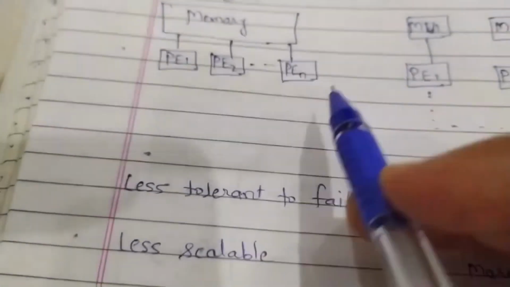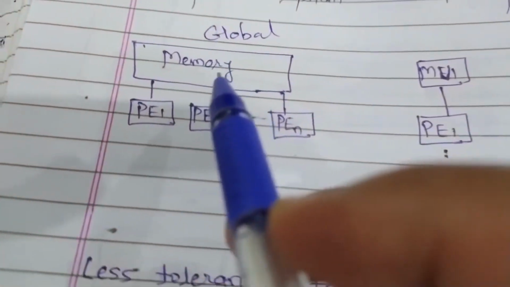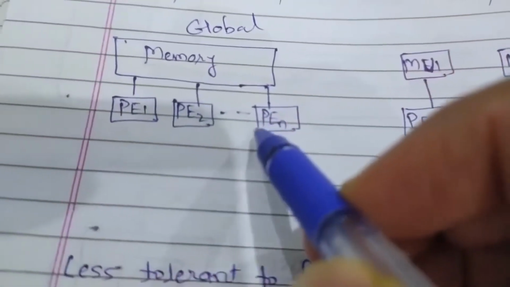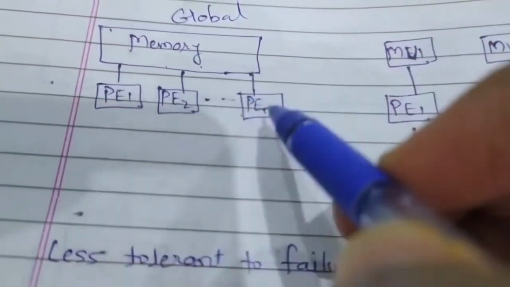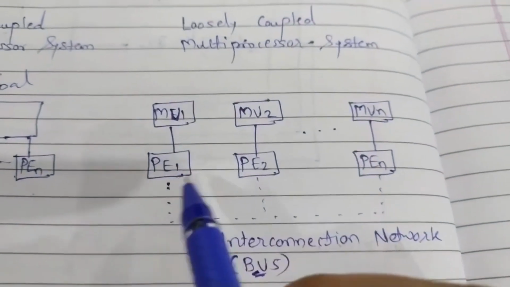Now here there are more chances of getting faults. For example, suppose we got a fault in memory, and all the processing elements are sharing the common memory. So any fault we get will be replayed back to all the processing elements. But that is not the case here. Here each processing element has its own memory.